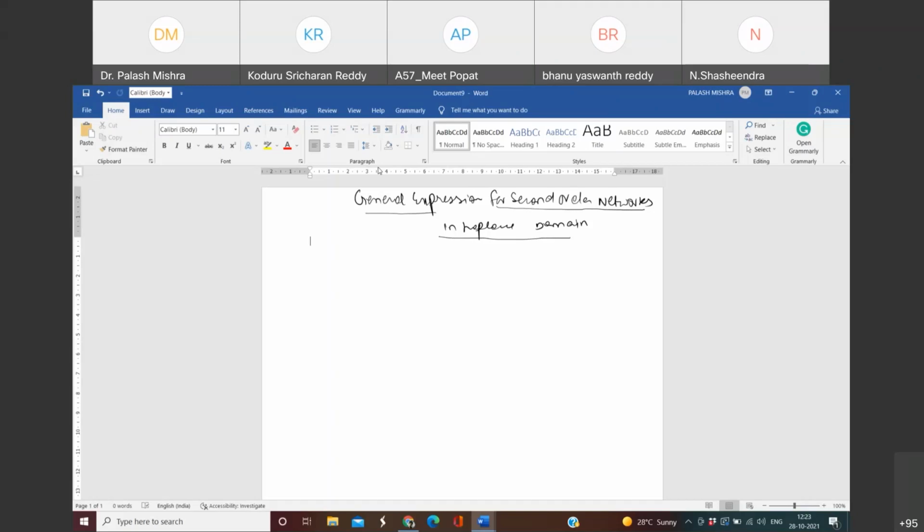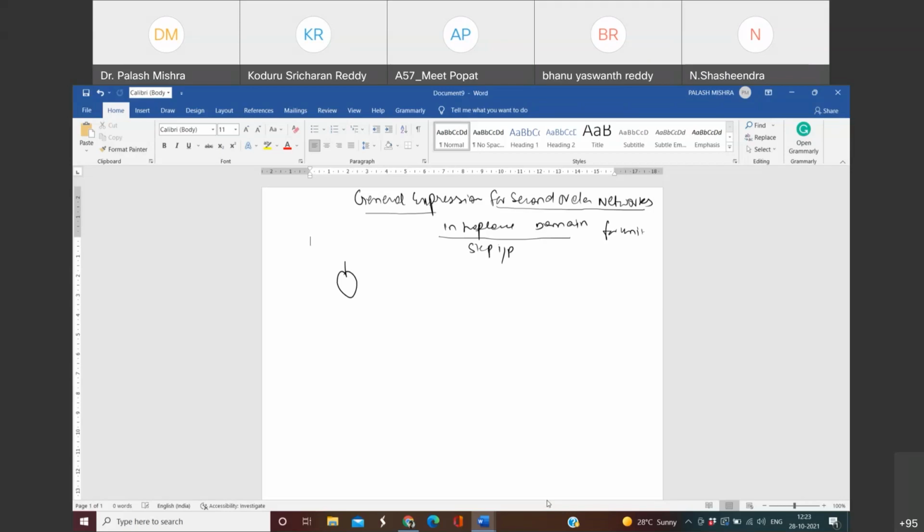So instead of giving you any values or any source value, I'm just deriving some of the basic formulas related to second order systems. Okay. So suppose, and that is a unit step response, the general expression for second order networks in Laplace domain for unit step input.